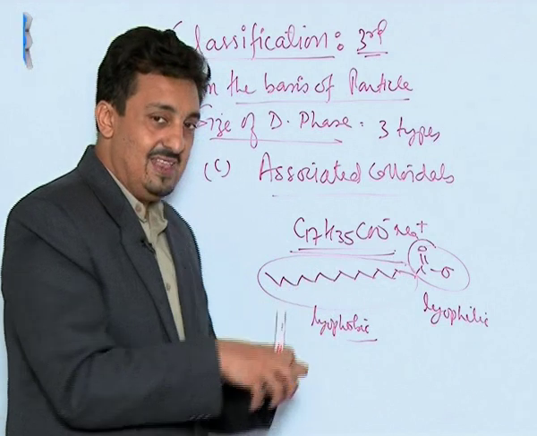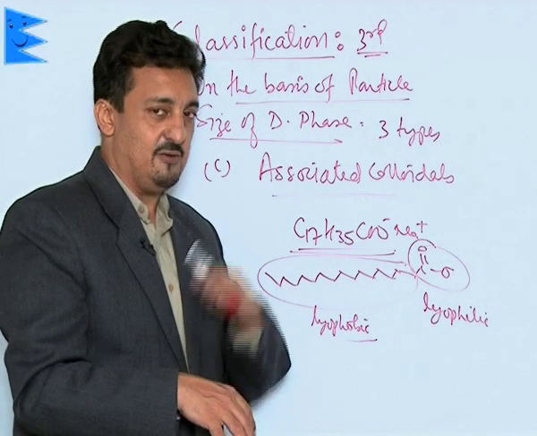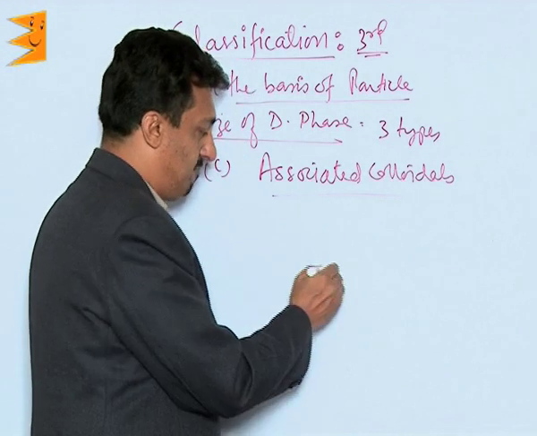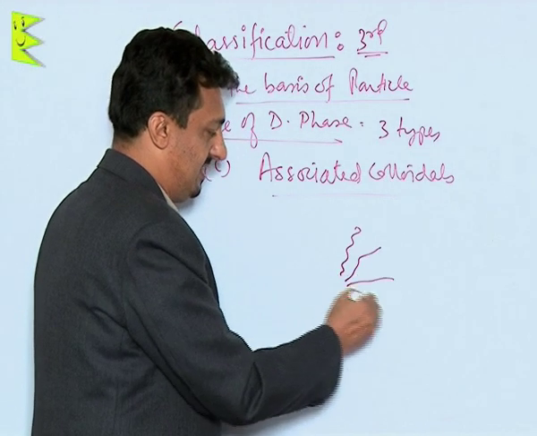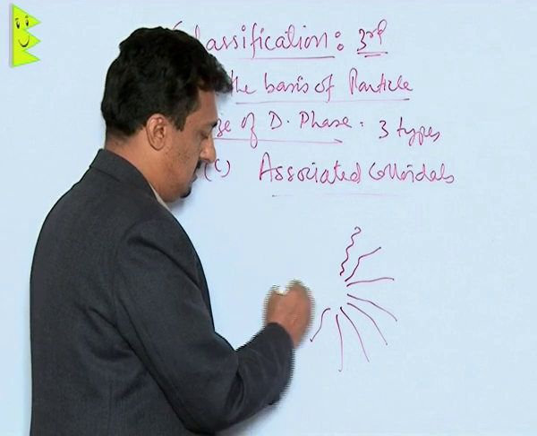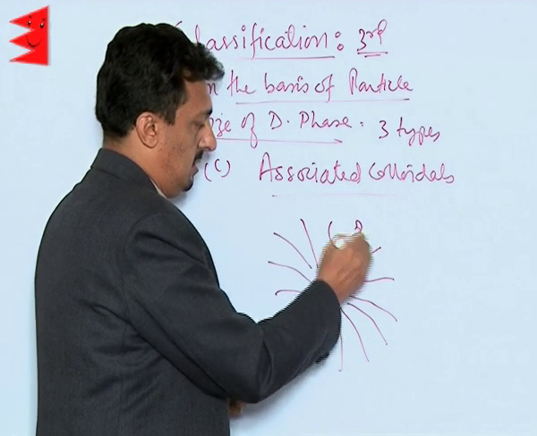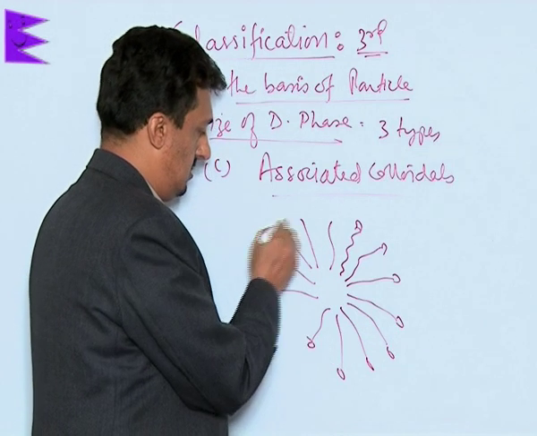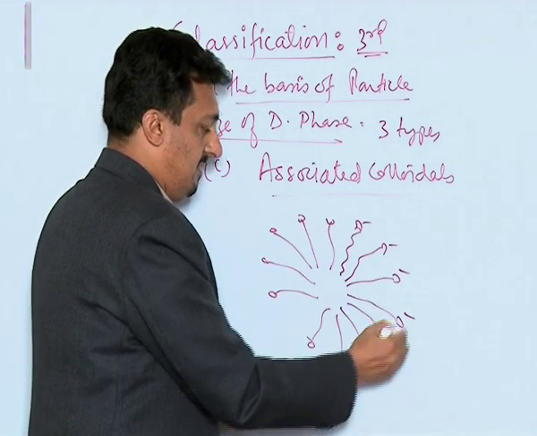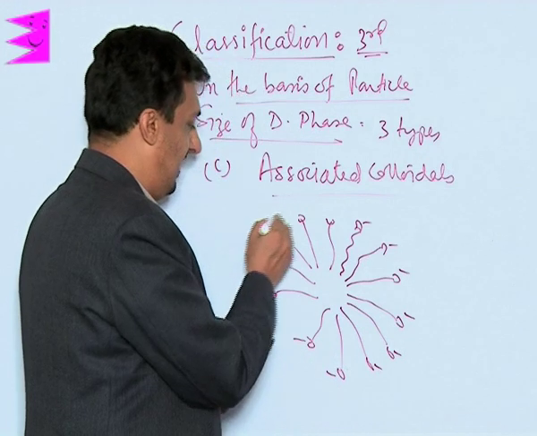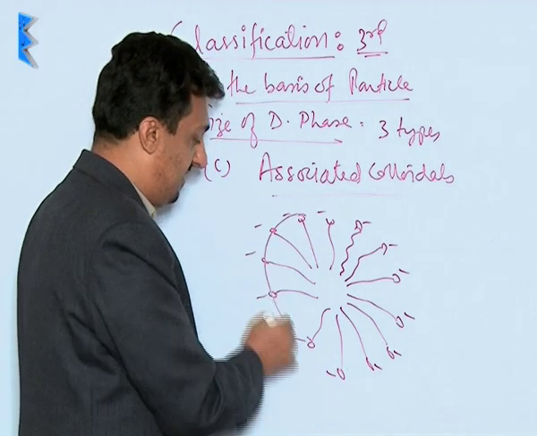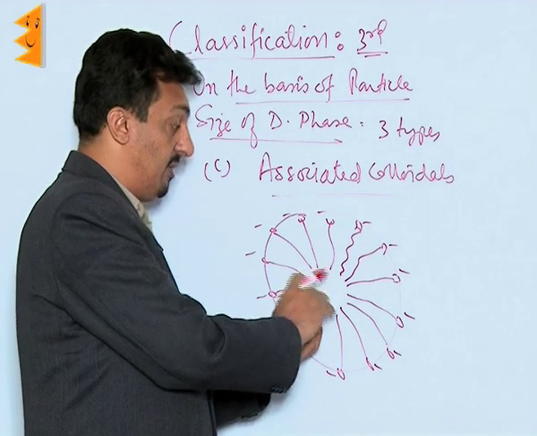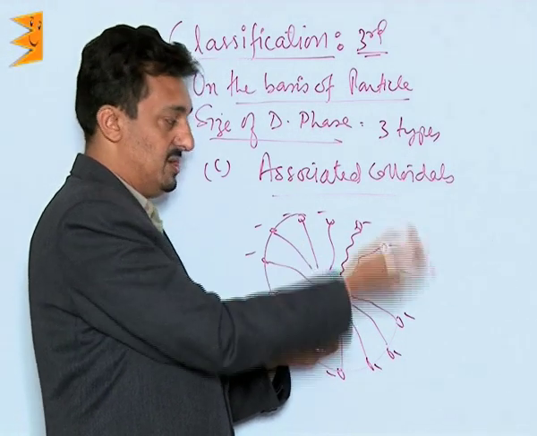Now they all aggregate above CMC and Kraft temperature to form large size particles which are almost like this. You must have done this in your junior classes. This is the head part which is negatively charged, and all their lyophobic parts are turned towards inside, and the lyophilic parts are towards outside.